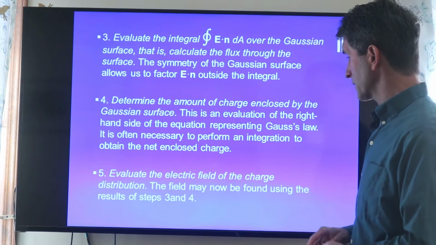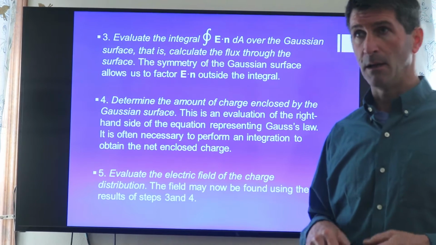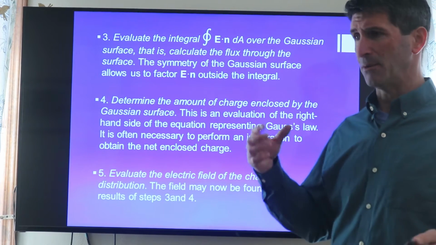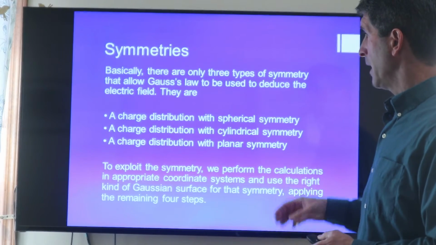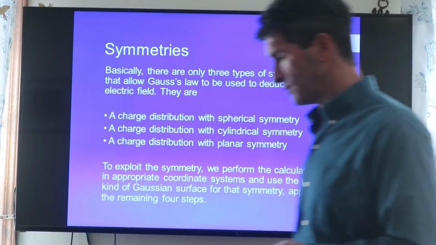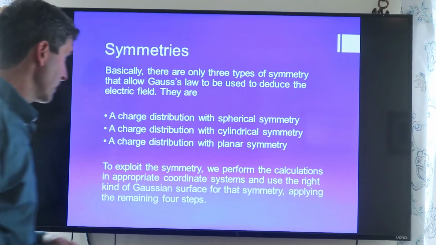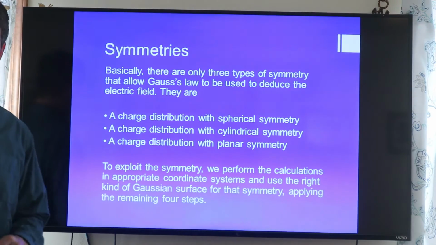We evaluate the electric field of the charge distribution using typically the fact that we're going to set EA equal to Q over epsilon 0. And again, we can use these in specific types of problems where the symmetry is spherical, cylindrical, or planar.